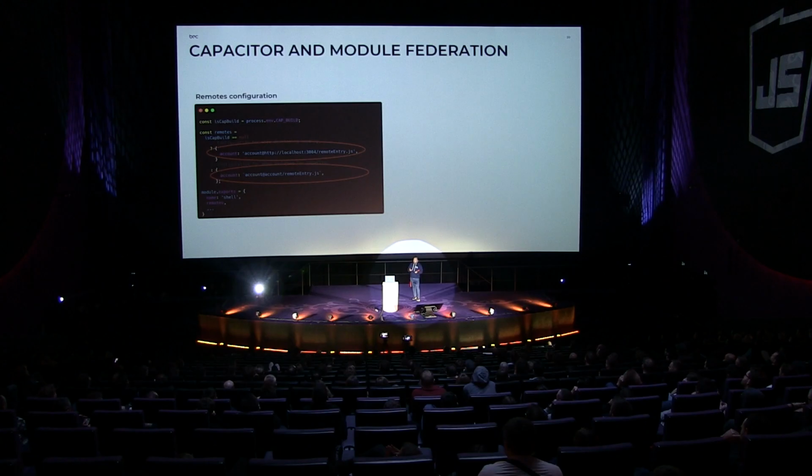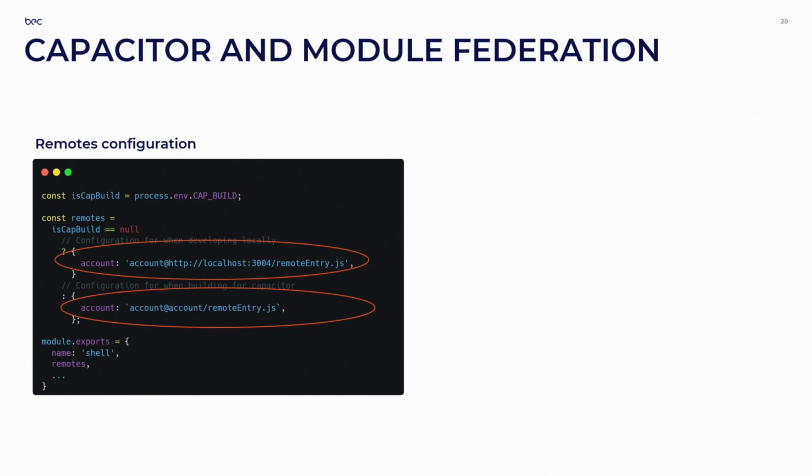At the beginning, you need to set up the remotes. And maybe you remember the book that Manfred wrote and presented yesterday. You might see there are some remoteEntry.js files. That's mainly the definition of your micro frontends in this specific case.